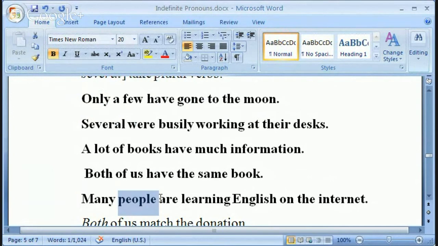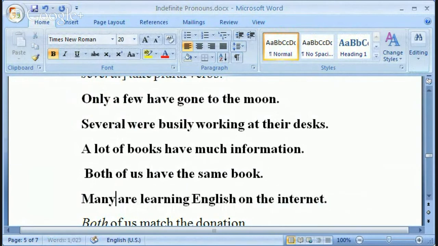We have a quantifier, a subject noun, a present continuous verb, and a prepositional phrase. It's a lovely sentence. However, not what we're looking for. If we eliminate this other noun, now it's no longer a determiner.